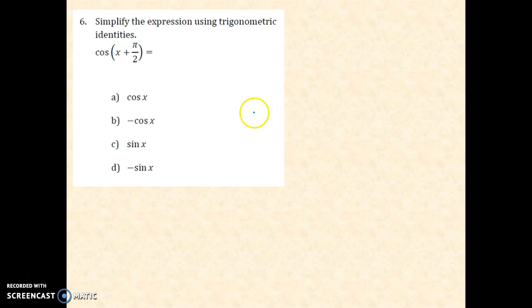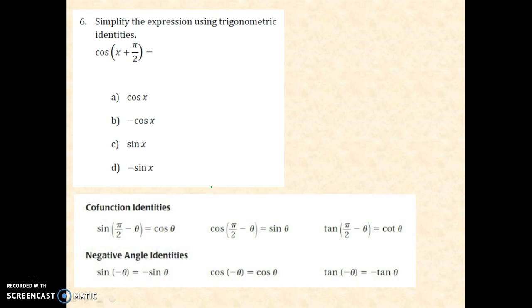Ooh, how about this? A problem like this requires you to really study that trig identities sheet and try to find something that's going to help you. Here we got cosine of x plus pi over 2, and here are some identities that might help us out.